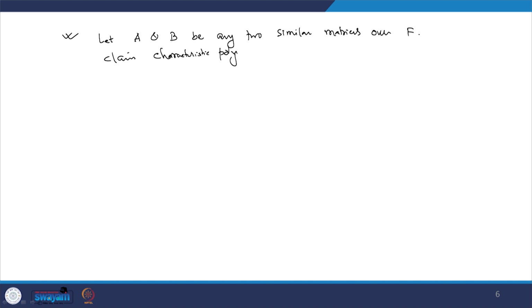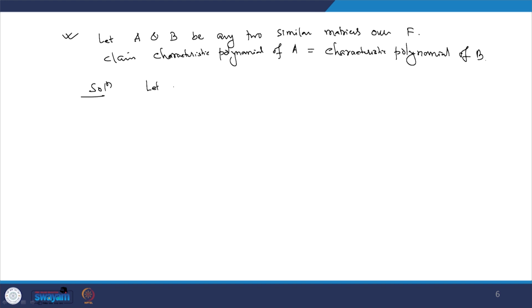Another interesting thing: let A and B be any two similar matrices over the field F. Claim: the characteristic polynomial of A equals the characteristic polynomial of B. How?